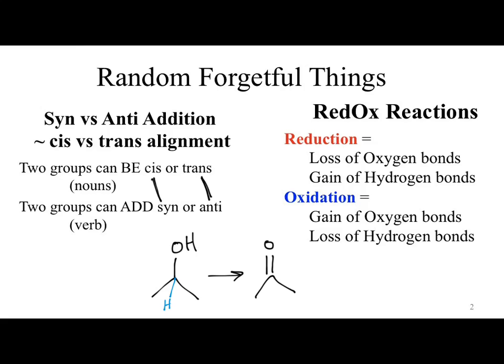Okay? What if we reverse the reaction? Instead of going from left to right, everybody's least favorite, now let's go right to left. What type of reaction do I do there? Now it's a reduction, okay? Because I gained hydrogen bonds or I lost oxygen bonds. So when we're referring to redox reactions, as you might remember from Gen Chem, it's almost always referred to as redox because they're paired.